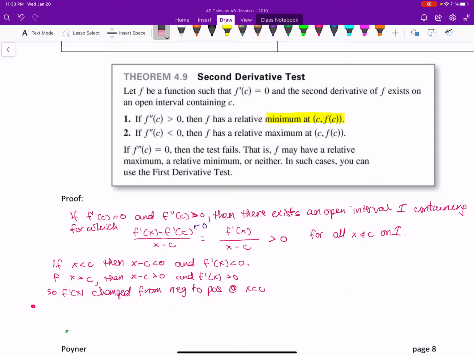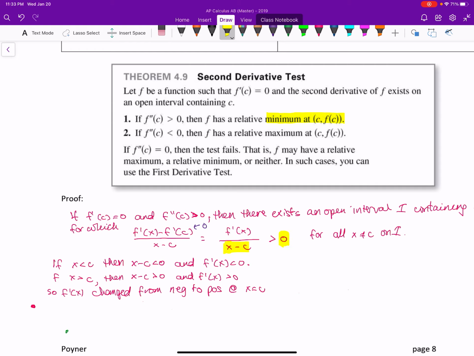So if I'm picking values to the left of c, substituting in values for x to the left of c here, then x minus c, that denominator, is less than 0. So then the first derivative is less than 0. That means the function f is decreasing, right? And if x is greater than c, then the denominator ends up being greater than 0, and f prime of x has to be greater than 0 for this to be true.